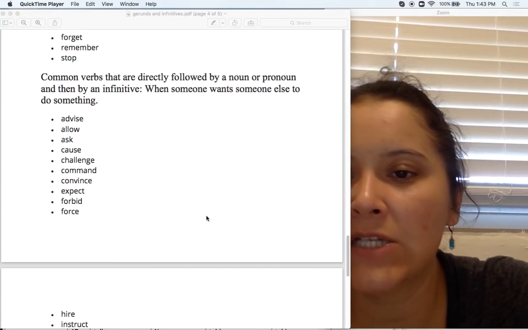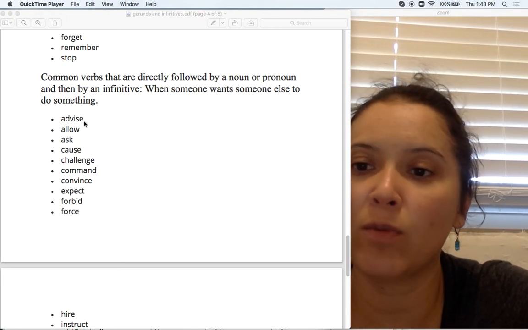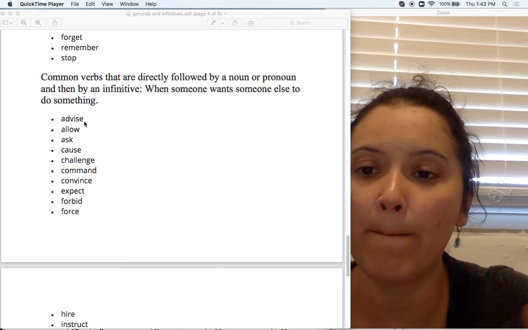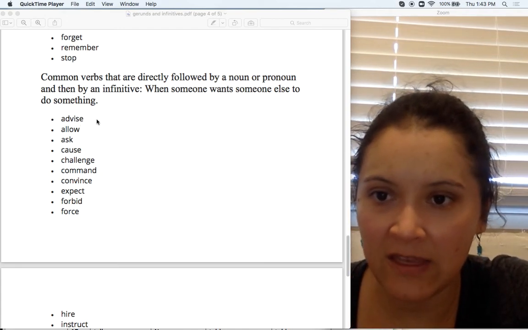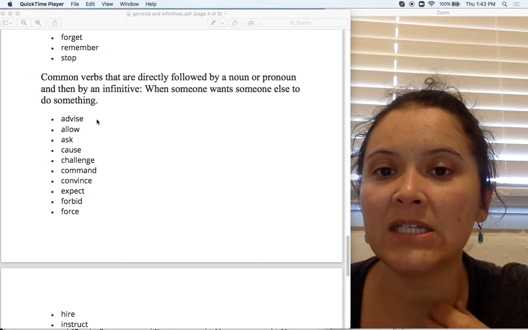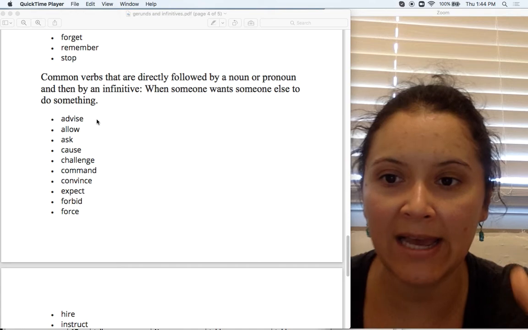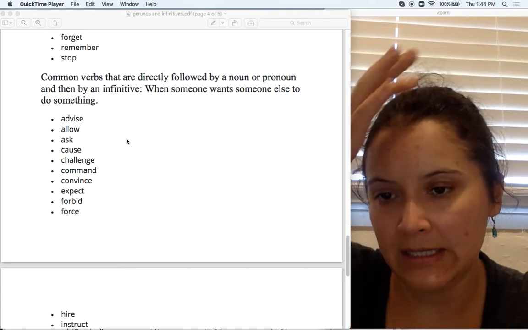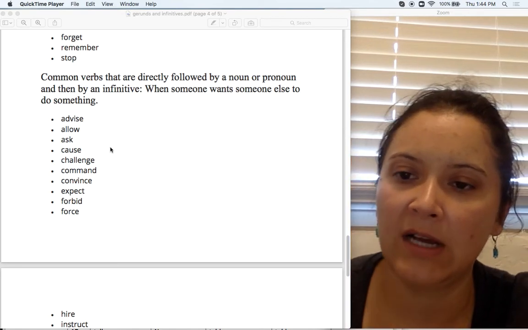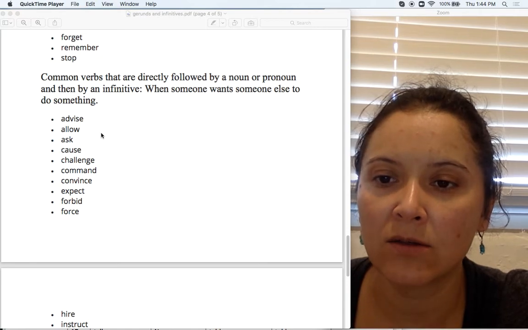Now, there is also a possibility to put a noun or pronoun, or just to make it simple, a person. You can put a person here between the infinitive. So this is when you want somebody to do something. You want somebody else to do something. So in this case, I allowed who? I allowed my cat to do what?